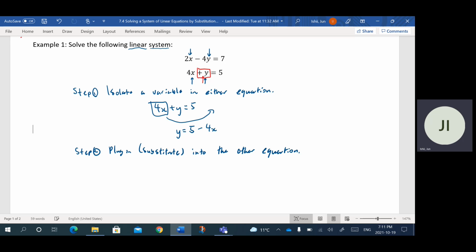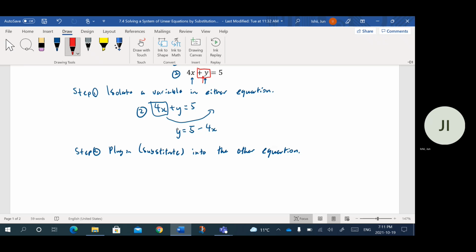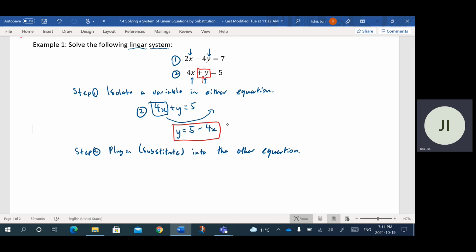Here, I'll label this equation 1, equation 2. We took the second equation and isolated the y. So now we want to take this y equals 5 minus 4x, and we're going to plug it in for y into the first one. It always has to go into the other equation.